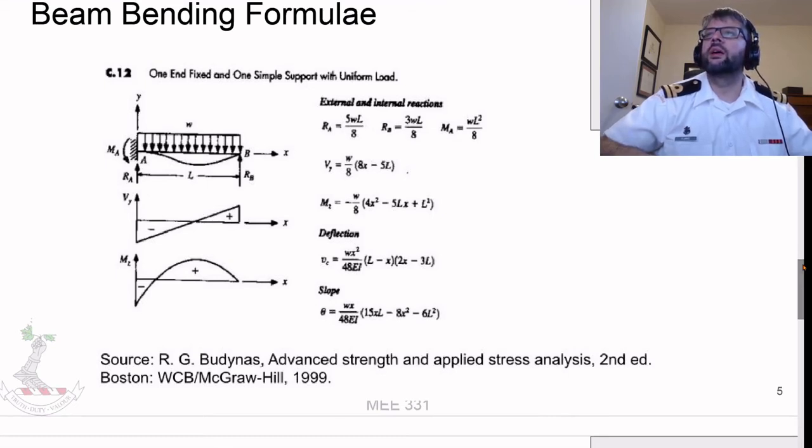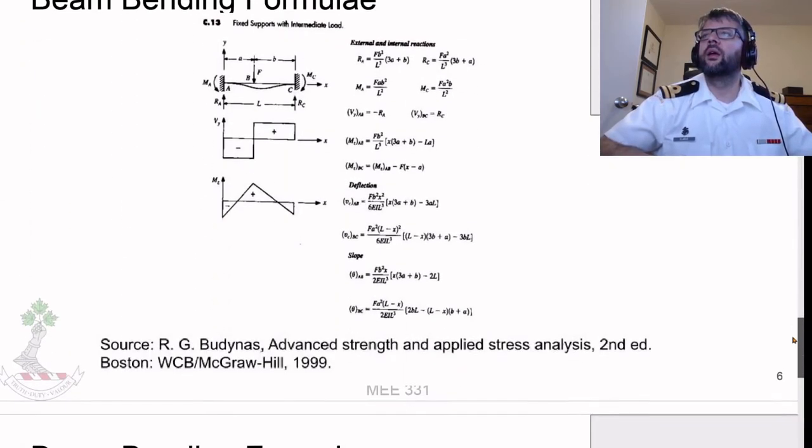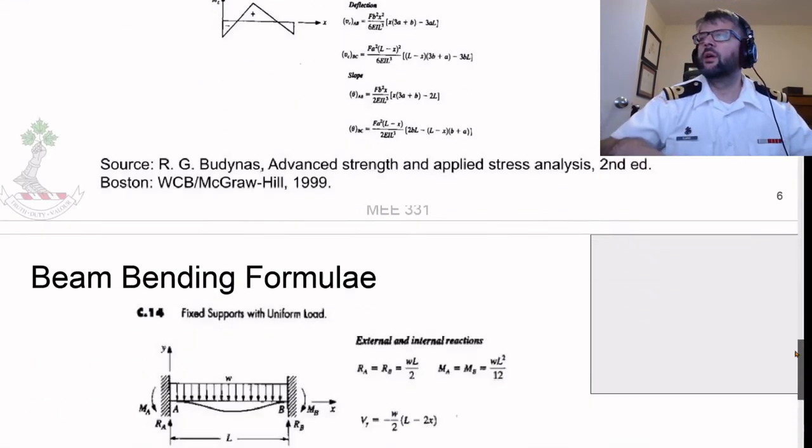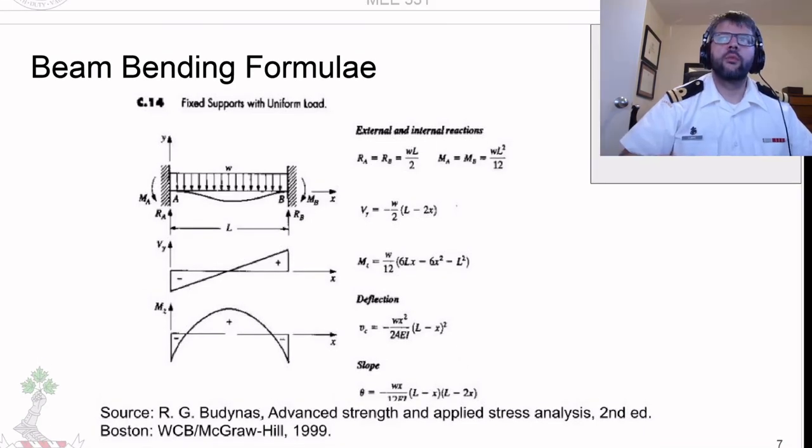So distributed load with cantilever beam on one end and a simple support on the other, or a cantilever beam on both ends with a load in the middle, or a cantilever beam with fixed supports on both ends and a distributed load in the middle.